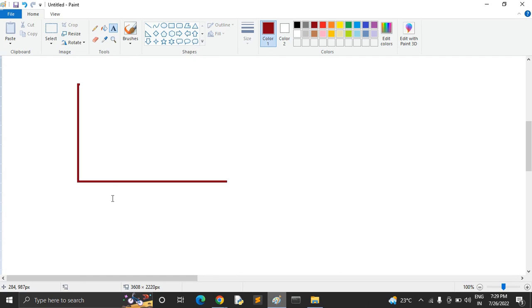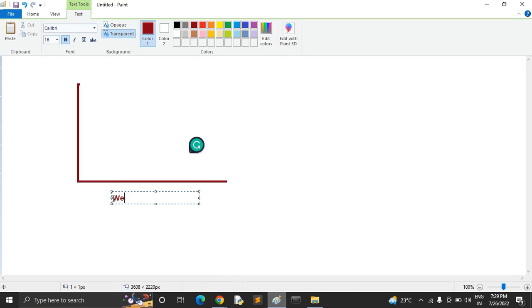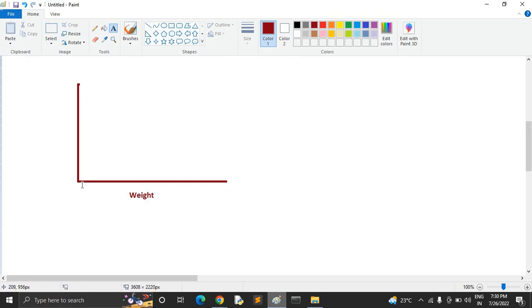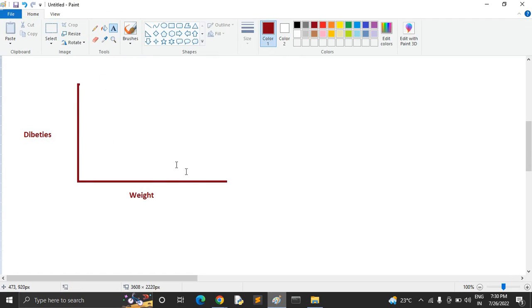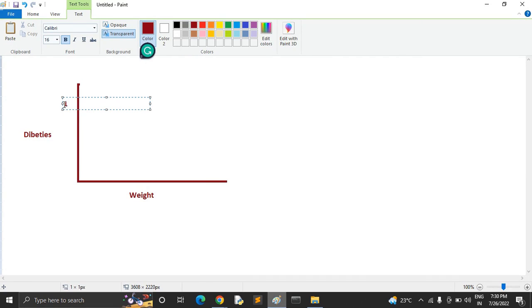So weight is an input at the x-axis, and at the y-axis we will be predicting diabetes, whether the patient has diabetes or not. So the value will be 1 for diabetes, yes, and the value will be 0 for no.